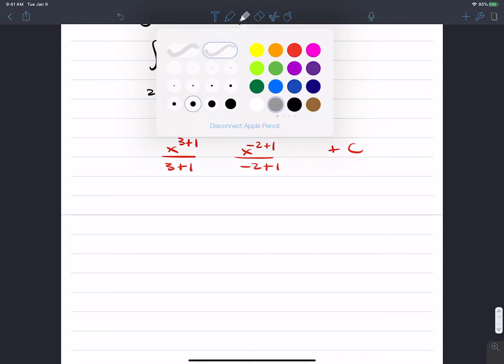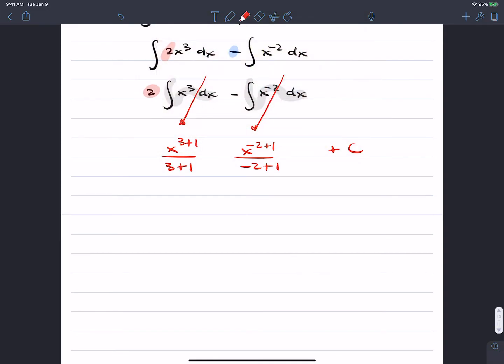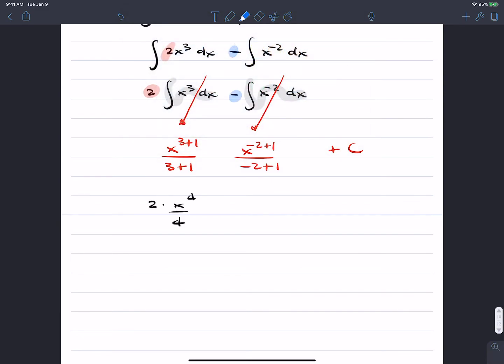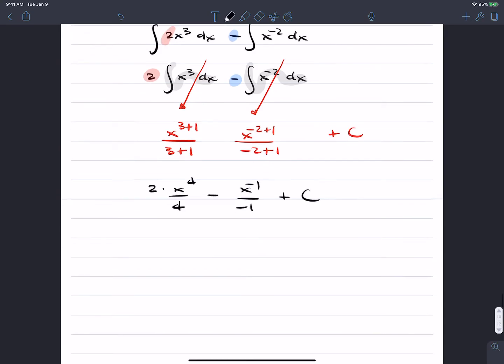Remember, we pulled out this constant, 2 times x to the 4th power over 4. This is minus again, right here, x to the minus 1st power over negative 1 plus my constant.